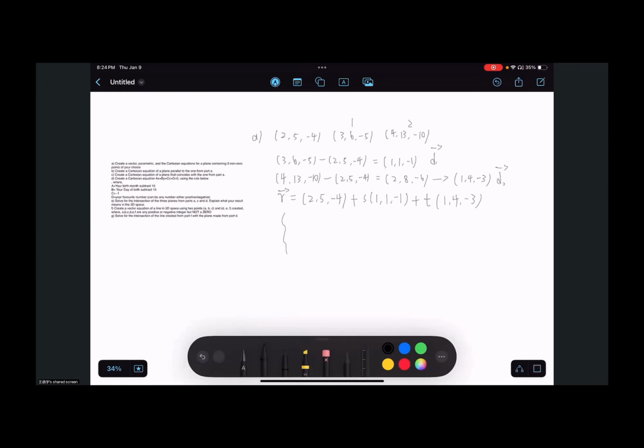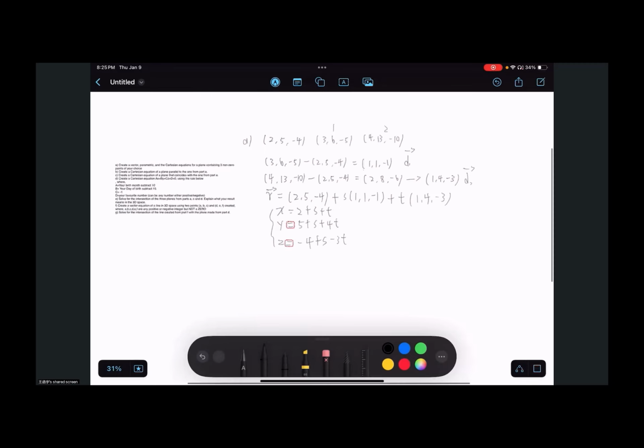So we have x, y, and z. For x, it is 2 plus s plus t, and y is 5 plus s plus 4t, and z is -4 minus s minus 3t.